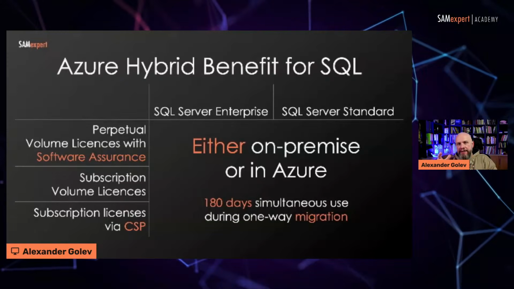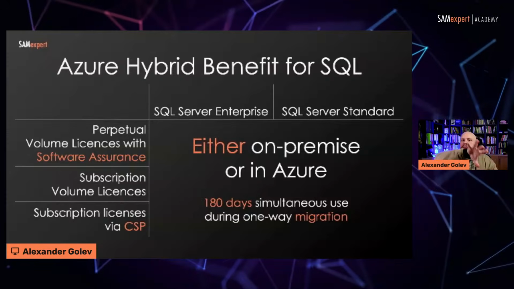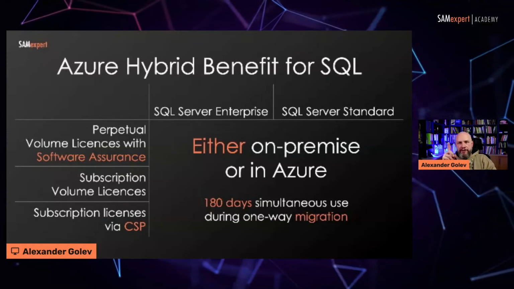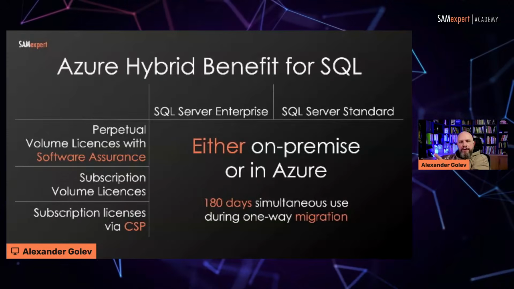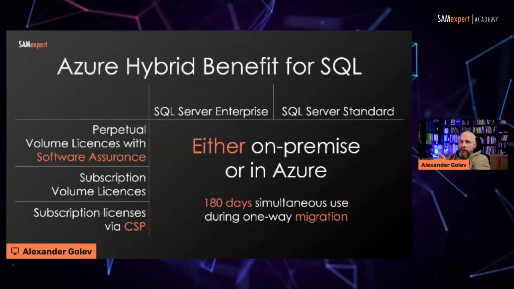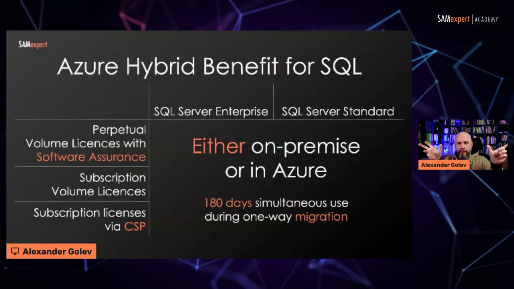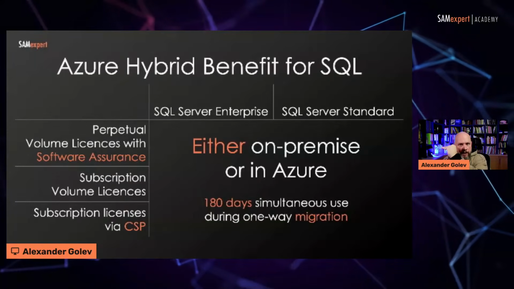They may not be used simultaneously on-premise and in Azure, so you have to actually move them to Azure, with the exception of when you move them for the first time, when you lift and shift your applications, when you migrate your data from on-premises to Azure. You have a 180 days window during which you may use those licenses simultaneously. A one-way migration from on-prem to Azure, 180 days, that is allowed.